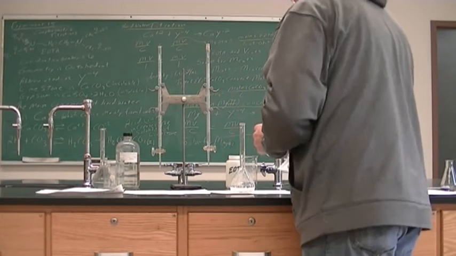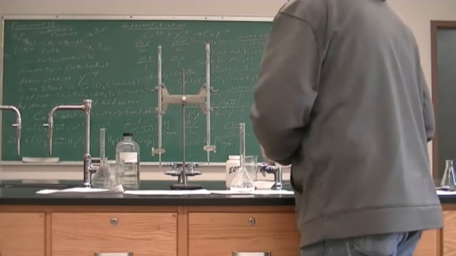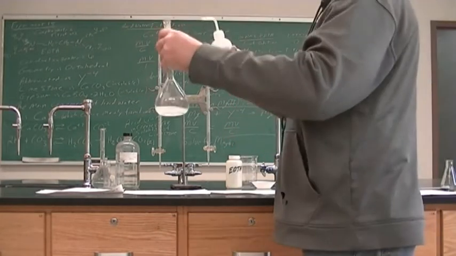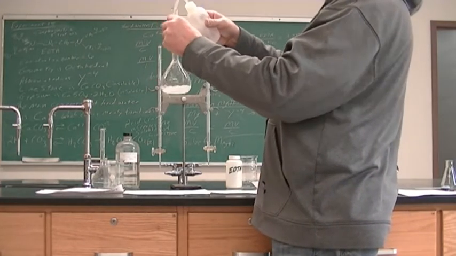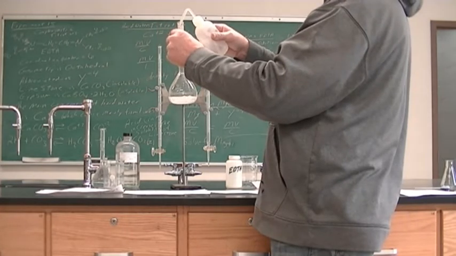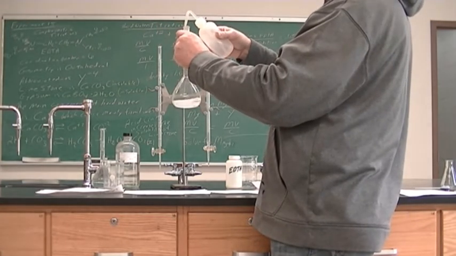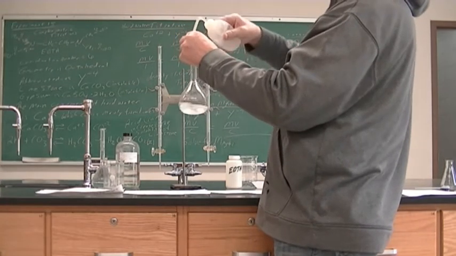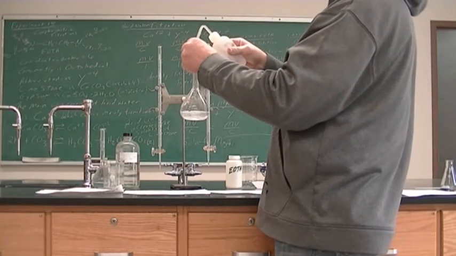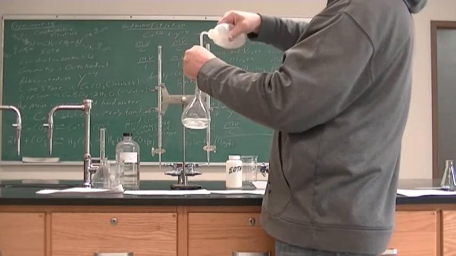Now, all of the EDTA is in this 250 ml volumetric flask. So now we're going to put in more deionized water and dissolve our EDTA. We are then going to fill it up to the mark, and we will have 250 mils of solution.